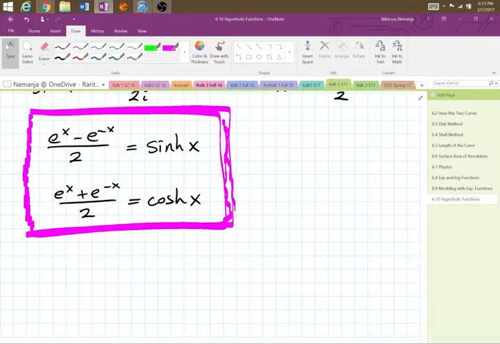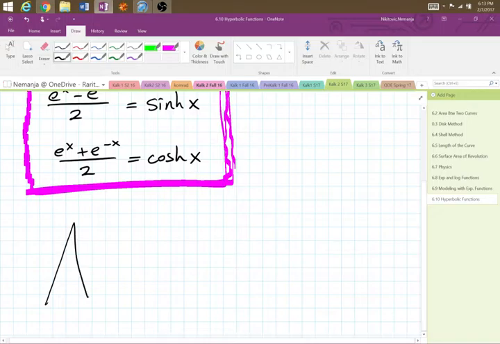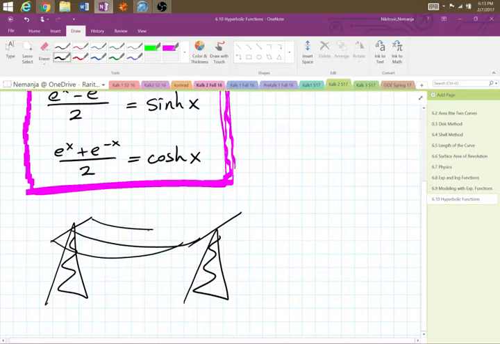When you stretch a power cable between two power towers, this function here is cosine hyperbolic of some sort. It looks like a parabola, but it's not.